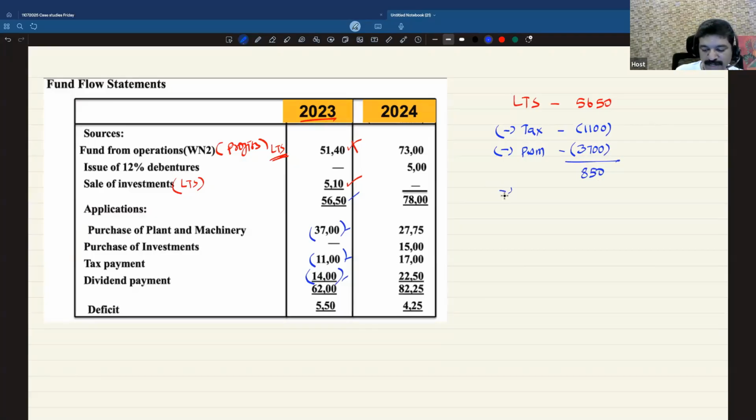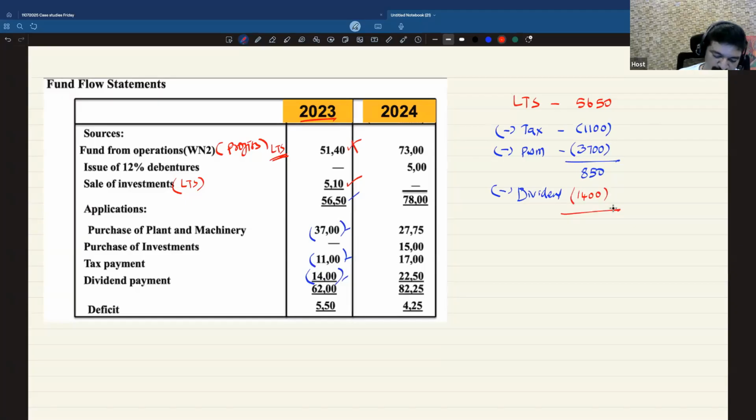They have paid dividend of 1,400. Do they really have an adequate source to pay dividend of 1,400? They have only 850.